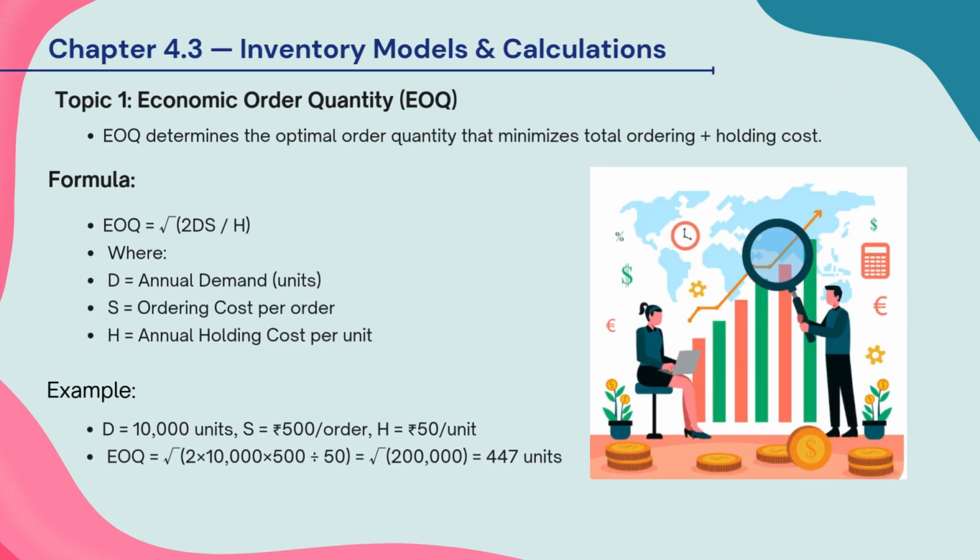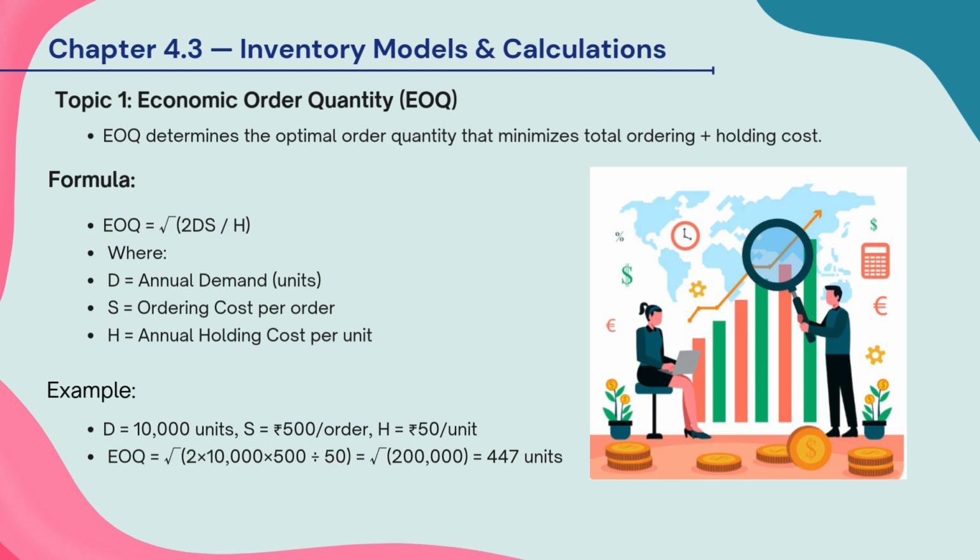EOQ helps us decide the best order quantity that minimizes total inventory cost, which means both ordering cost and holding cost. The formula is EOQ equals square root of 2DS/H, where D is annual demand, S is ordering cost per order, and H is holding cost per unit per year.